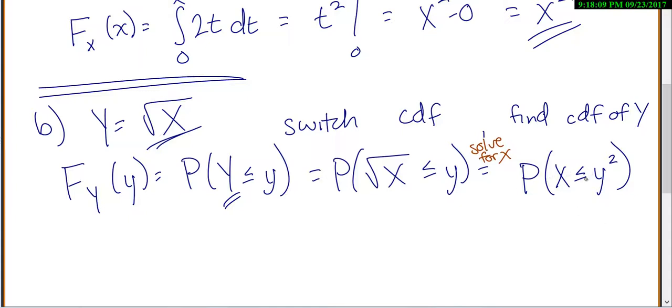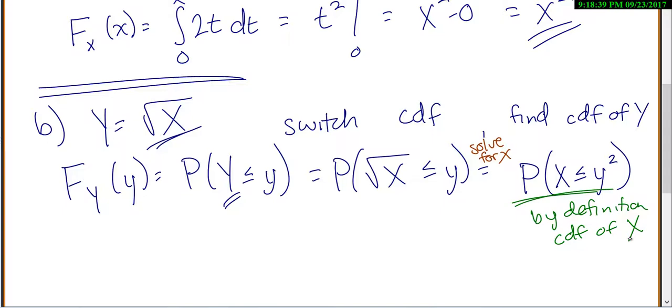So we have the probability that x is less than or equal to y squared. Now, by definition, this is the CDF of x.